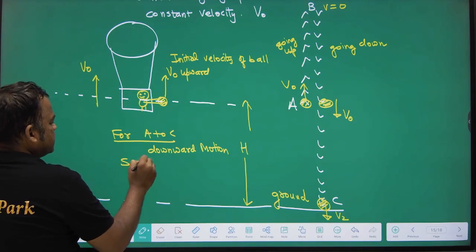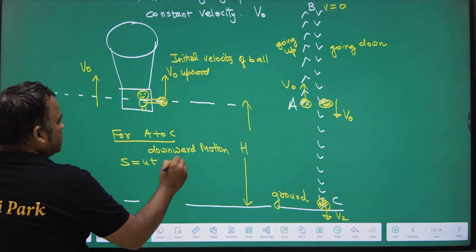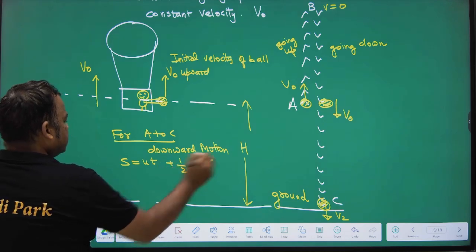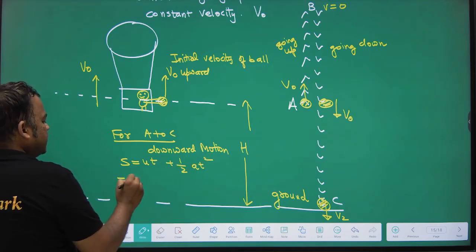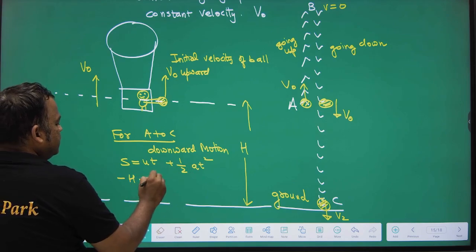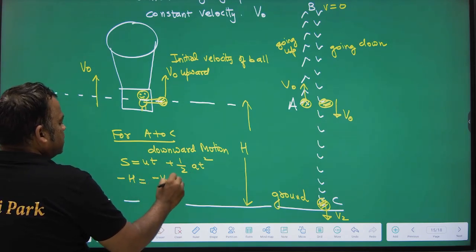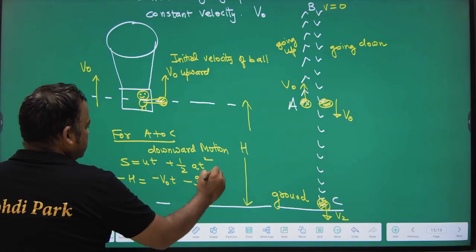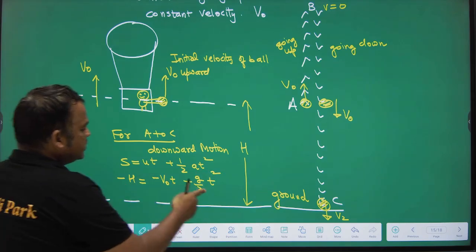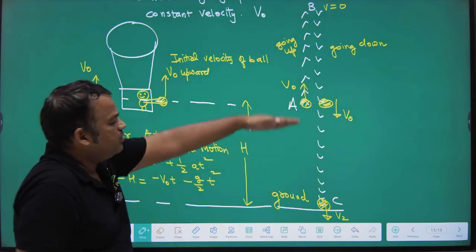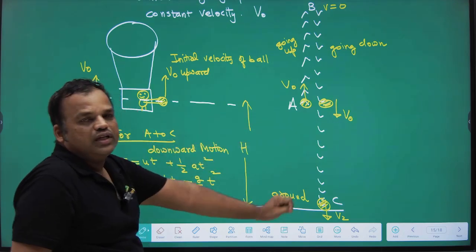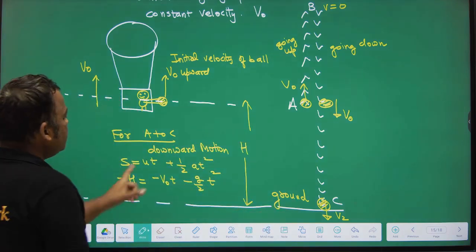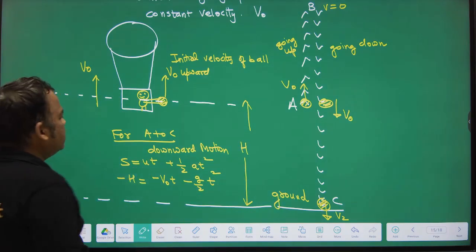We'll use S equals ut plus half at square. So that will be minus h equals minus v naught t minus g by 2 into t square. Using this equation we can find how much time it will take from A to C. This is one method. Another method is also there.